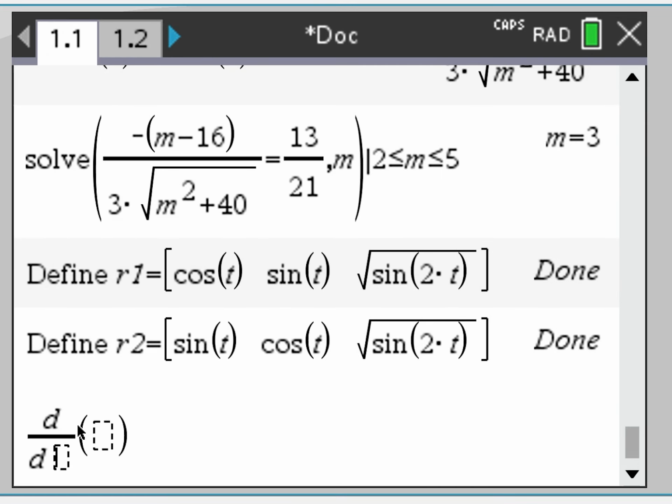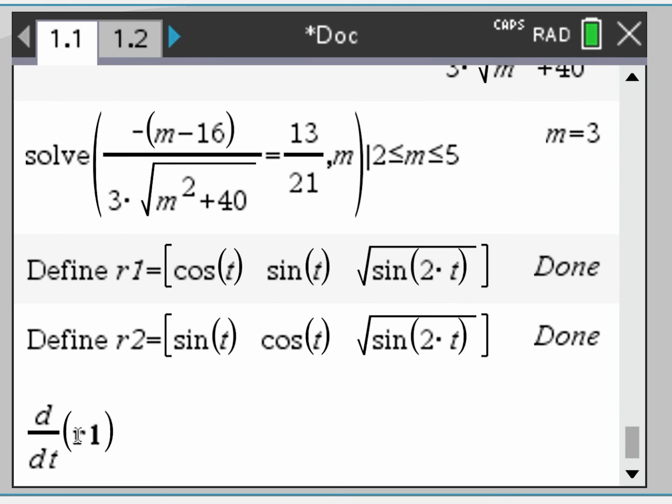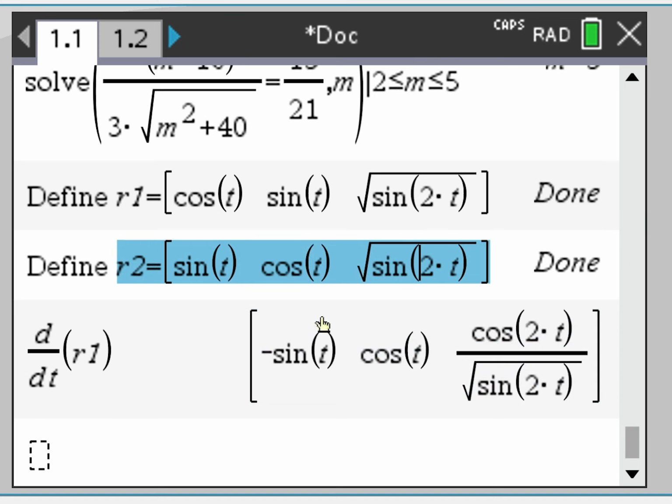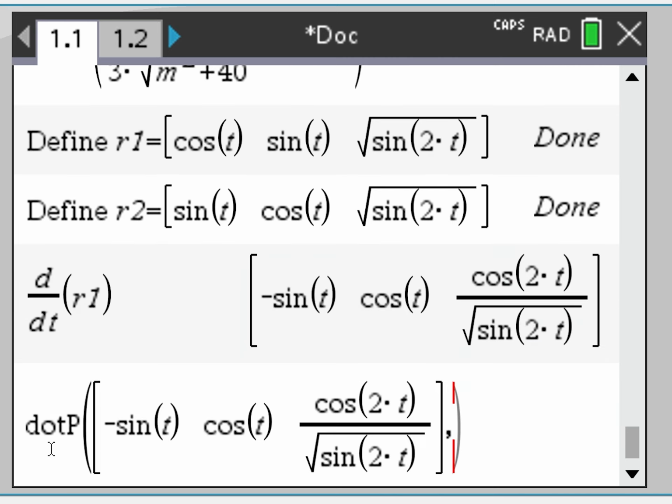So this is our velocity vector. And for the velocity vector of r1 and position vector of r2 to be perpendicular, the dot product has to be 0, right? So let's do that. Dot product of this vector and r2.